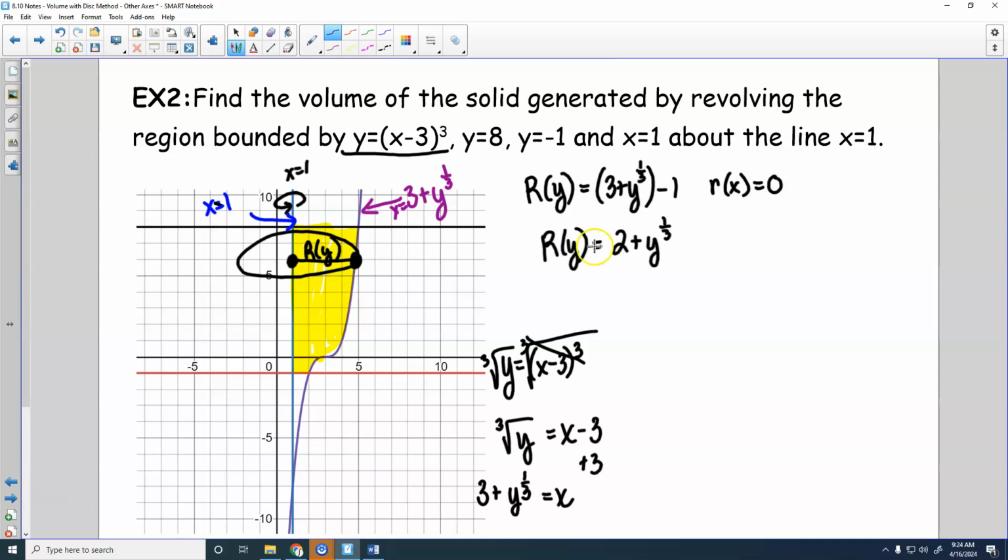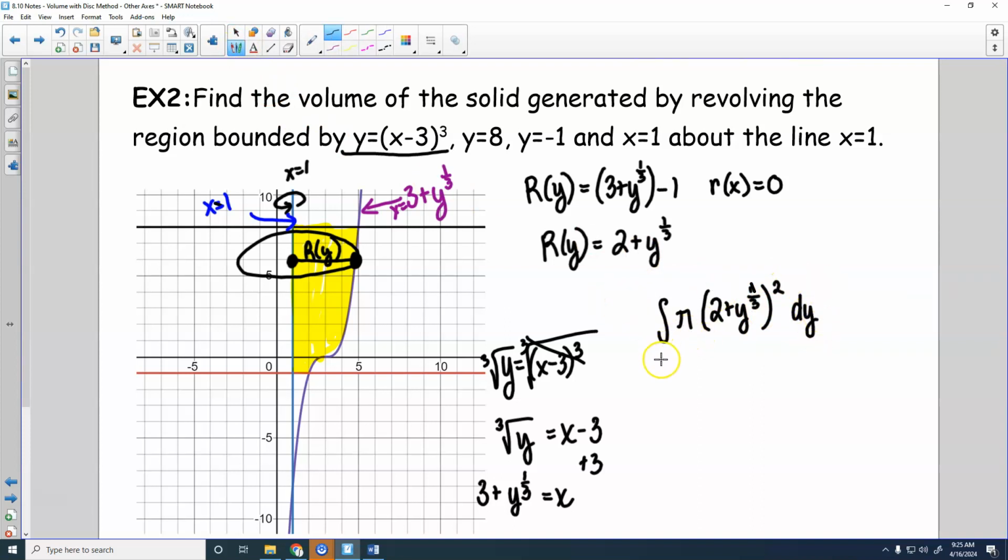So that is our capital R. And our lowercase r is just 0, so we really don't have an inside part. So we're going to integrate pi times that capital R squared, put dy over here, and we are integrating.